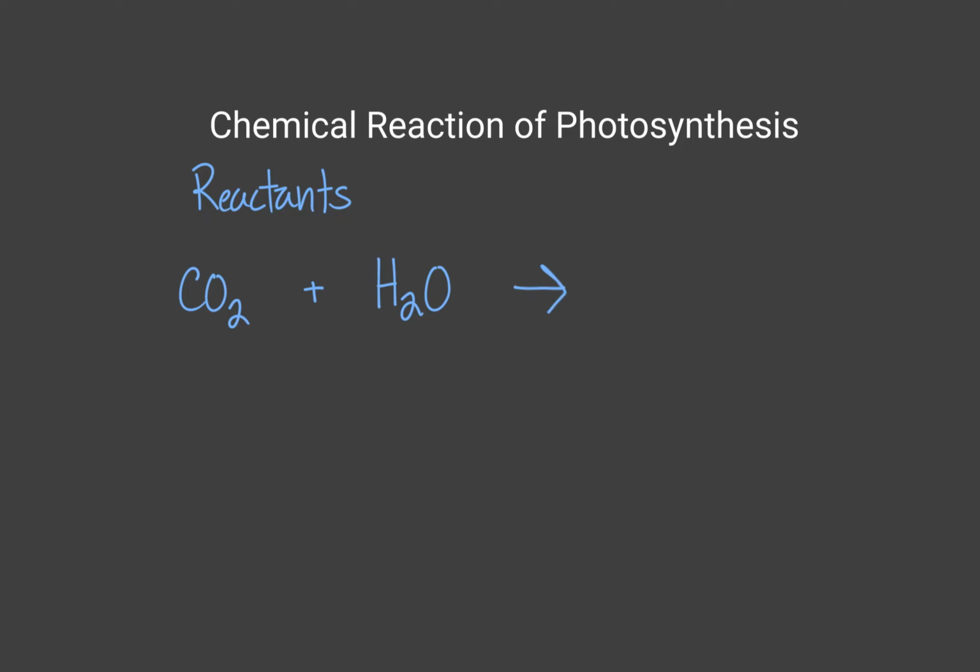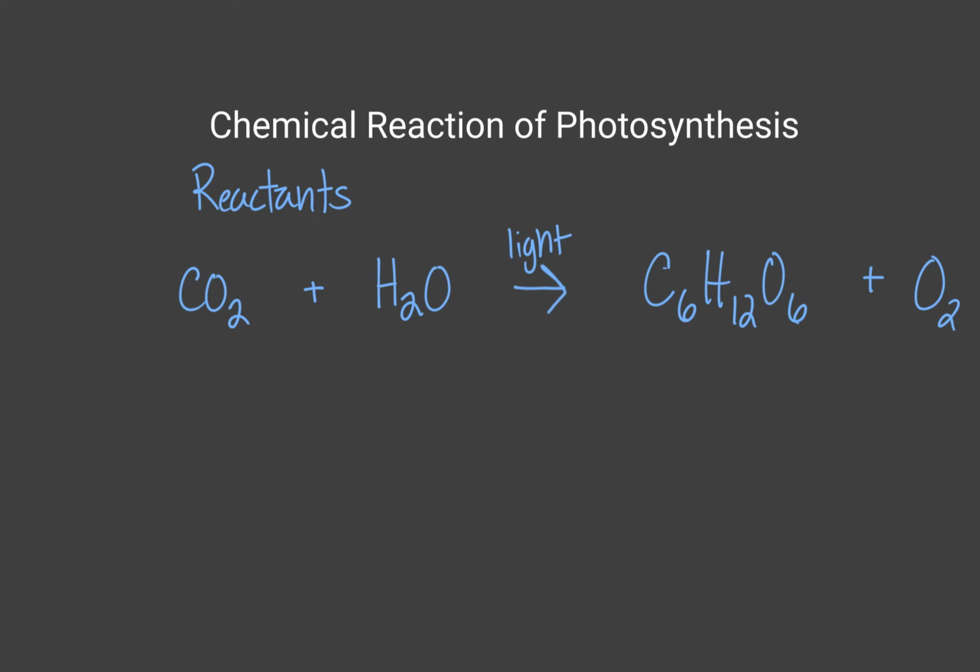And those reactants need light energy, so this light over the arrow represents the energy that's needed for this reaction to occur. But then they make sugar, which is C6H12O6, and as a result, they also make oxygen gas, which is very useful to animals on Earth.